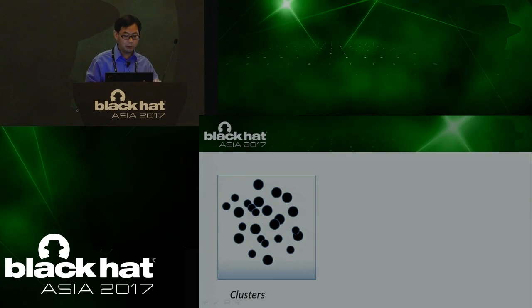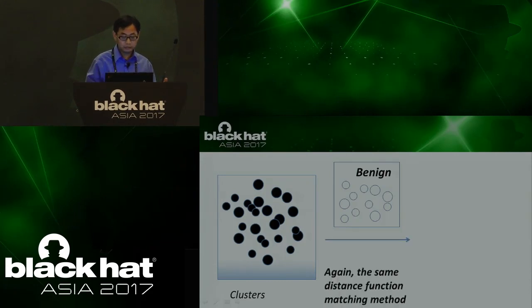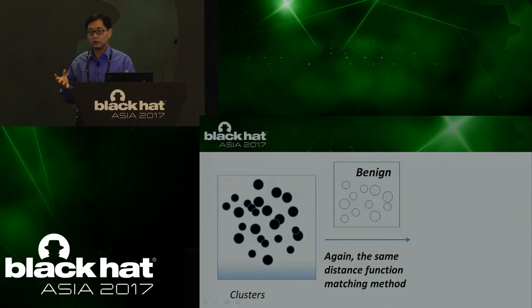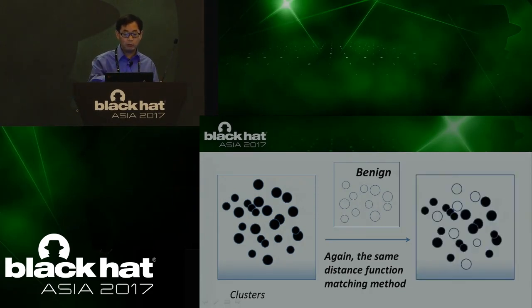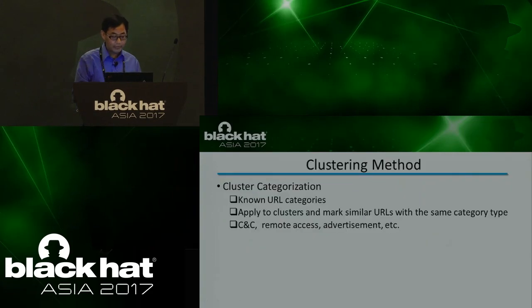We have the clusters, and then a collection of benign samples. We apply the same method, same distance function, same threshold. Then we figure out what is white in the model and take it out.